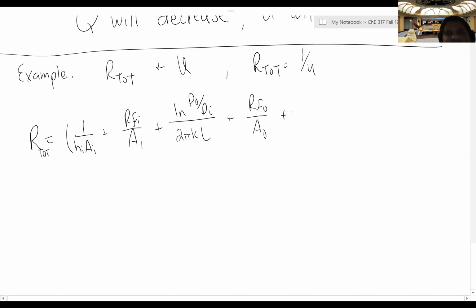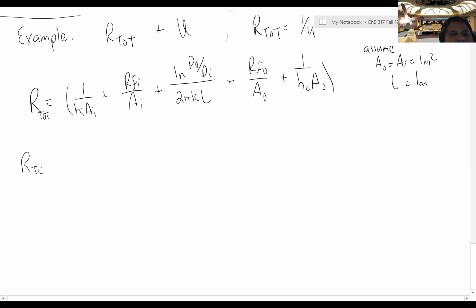Or it'll look something like this. And I'm going to assume AO is equal to AI, which is 1 square meter, and the length. I had a couple people ask if you could just assume it's 1 meter too.